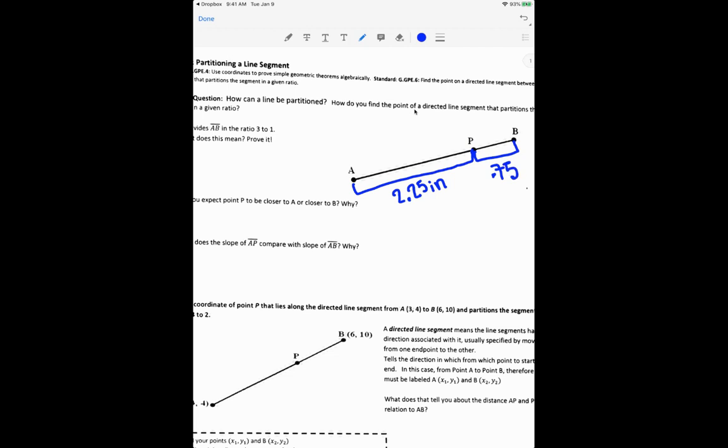So if you were to multiply 0.75 times 3, you get 2.25. So the distance of AP is 3 times the distance of PB. So I'm just going to make a quick note. Distance of AP, 3 times distance of PB.